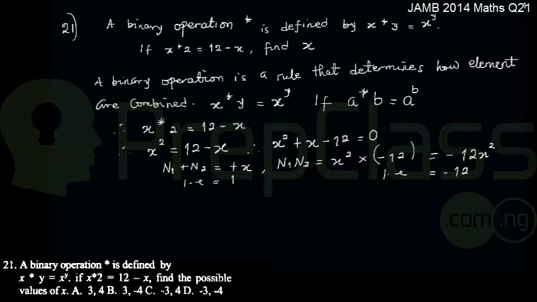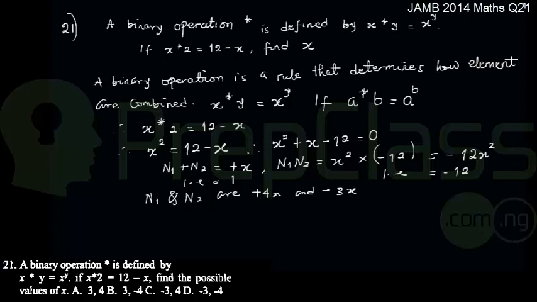Notice that the product of those two numbers is negative and their sum is positive. It basically means that the larger of the two numbers has a larger value in terms of its absolute value. So the two numbers that will satisfy this condition, n1 and n2, are plus 4x and minus 3x.